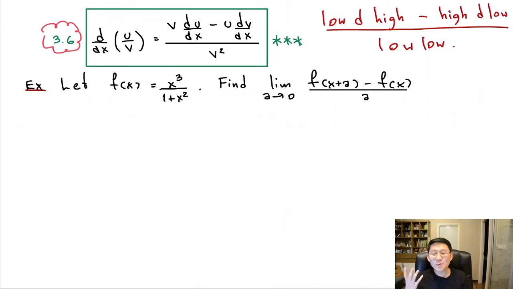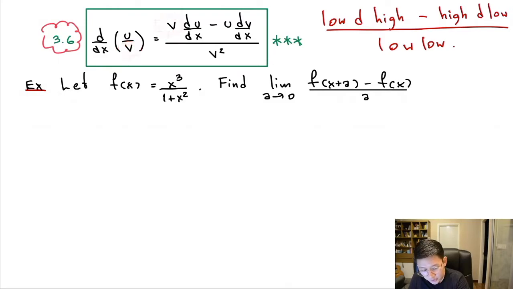It's just a silly way to remember things, but if you keep saying it, low d high minus high d low over low low, you're going to remember it. You're going to be able to memorize it. So low d high minus high d low divided by low low, or over low low. It's up to you.